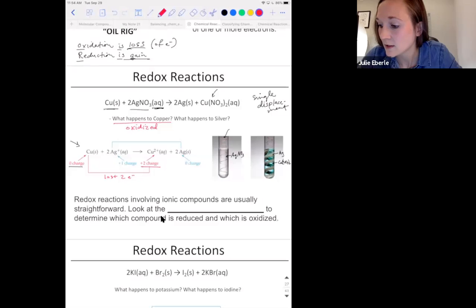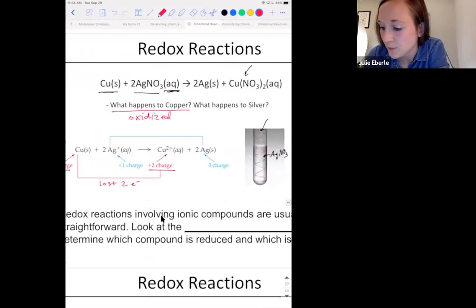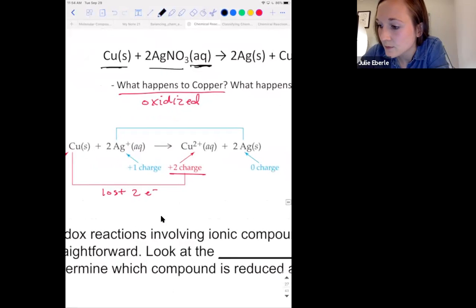Okay, now let's answer the second question. What happens to silver? Well, silver is right here initially. On the reactant side, it's a cation. Silver only ever carries a +1 charge. You don't have to have that memorized; you could figure that out from looking at your compound. But that's what we've written here, a +1 charge.